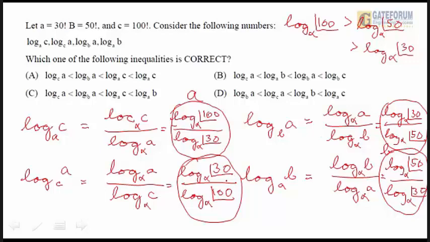Now let us compare these other two. I am absolutely certain that log of factorial 30 divided by log of factorial 100 will be smaller than log of factorial 30 divided by log of factorial 50, because the numerator is the same but the denominator here is larger, so this must be the smaller one, whereas this must be the larger one. So I will say this is the larger one, say alpha, and this is the smaller one, say beta.